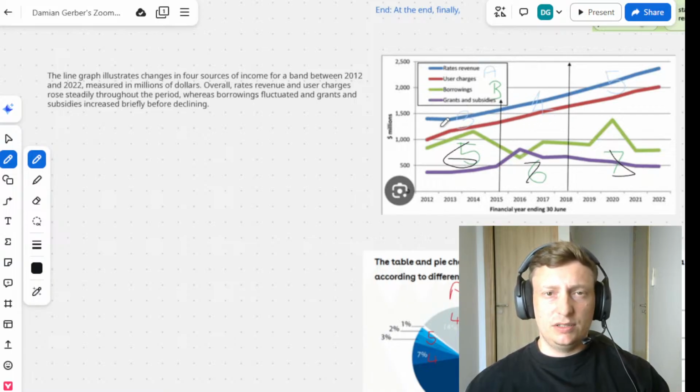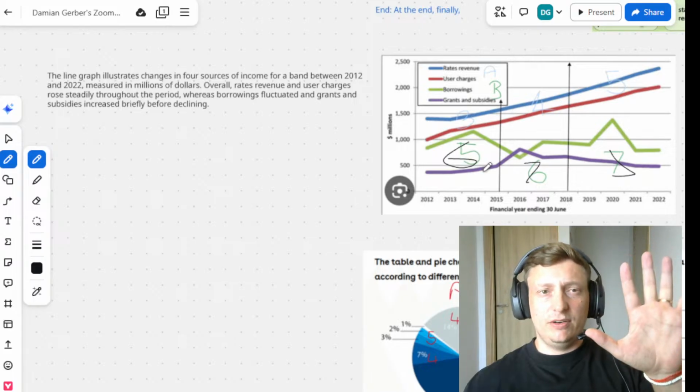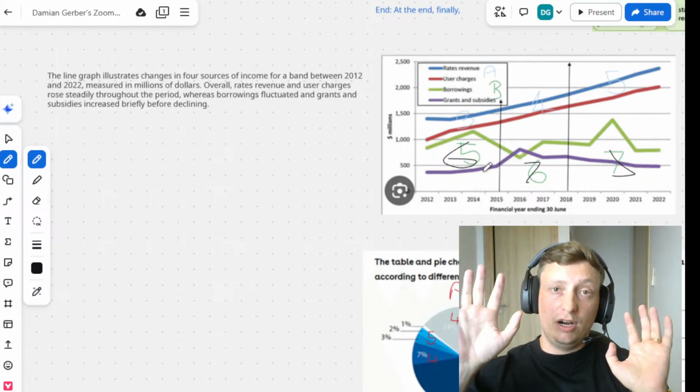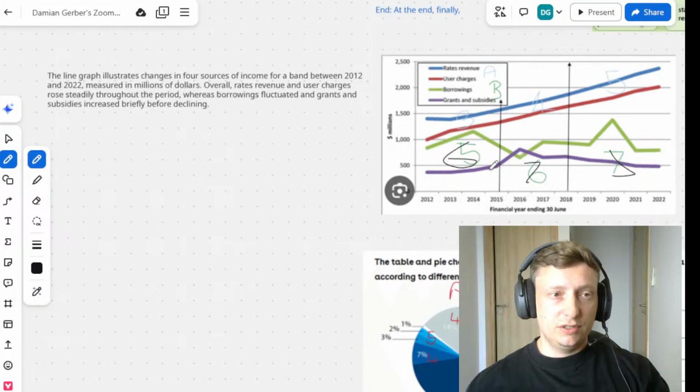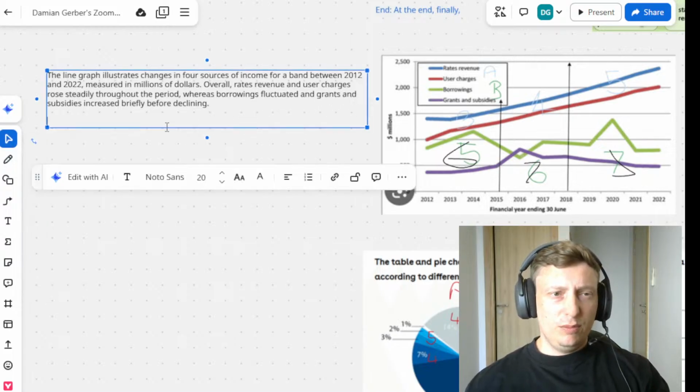So sentences number 3, 4, and 5 are for the first main body, rates and revenue compared to user charges. And then the second main body is borrowings and grants and subsidies. Remember, the first paragraph is similarities, and then the second paragraph, these are differences, if possible. So let's get into it. I think we wrote 3 already, but we can write it again.